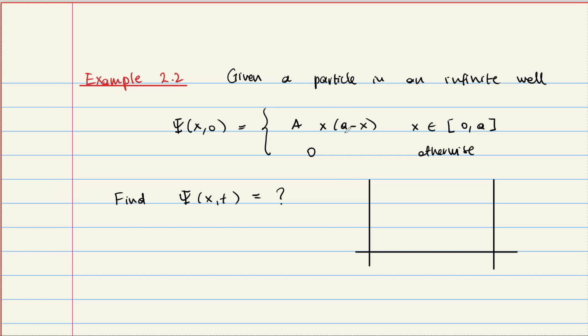I think this is like a parabola, and the tip of the parabola is in the center, something like that. So this is psi of x comma 0. This is x, this is x equal to 0, and this is x equal to a.